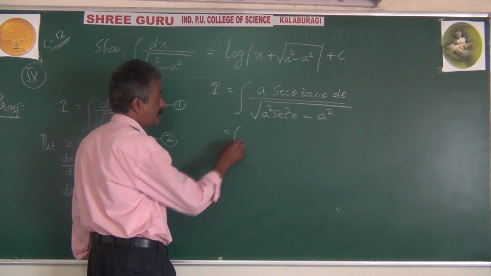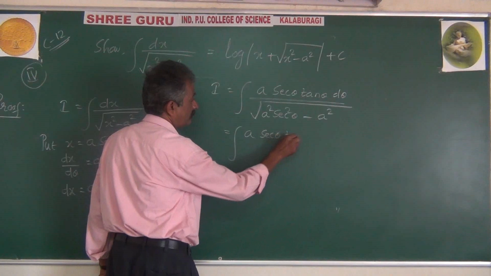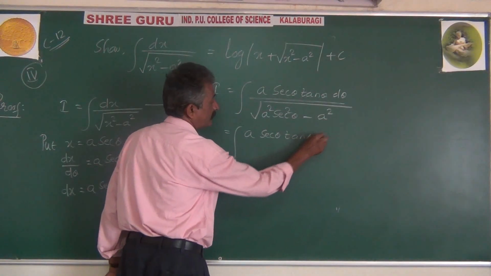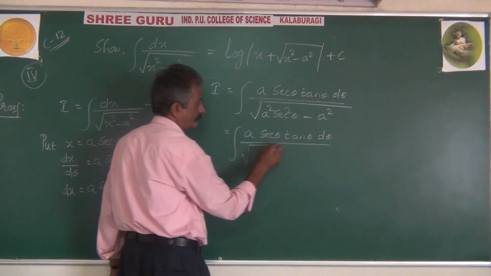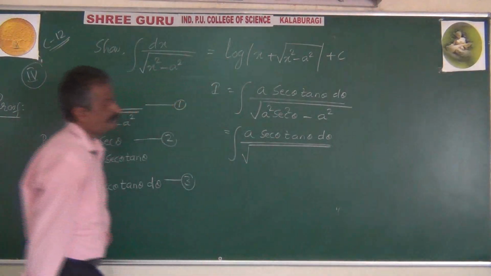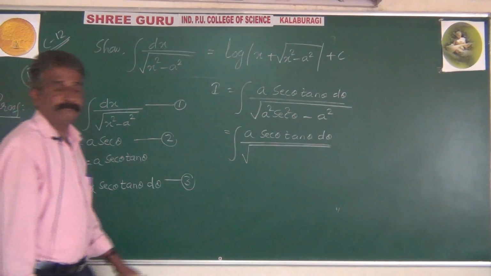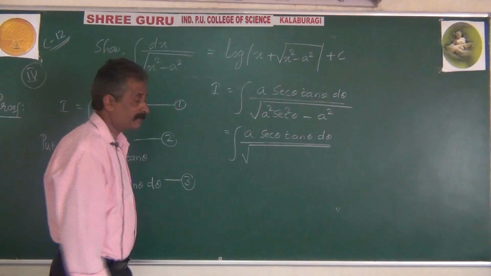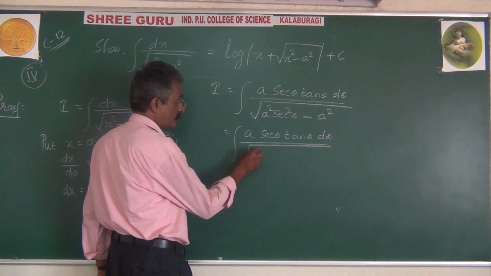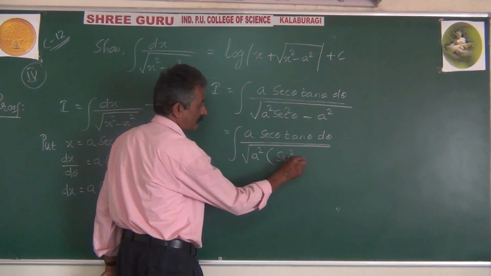That is equal to integration a secant theta into tan theta d theta divided by square root of, inside root we have a square common, in the bracket left is secant square theta minus 1.